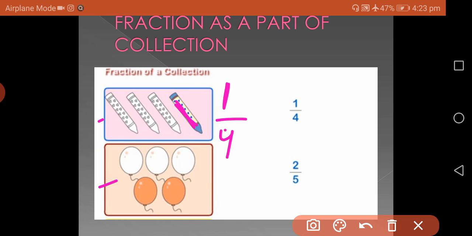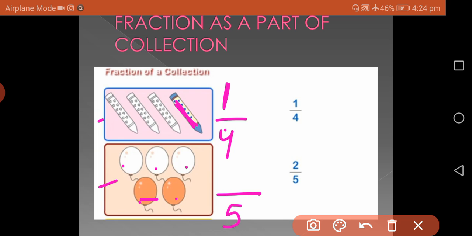In the same way, you can see the total number of balloons: 1, 2, 3, 4, 5. There are 5 balloons in total. So we always write the total number of objects below the line, that is the denominator. Now you have to tell the fraction of the collection, that is how many balloons are shaded. 2 balloons are shaded.